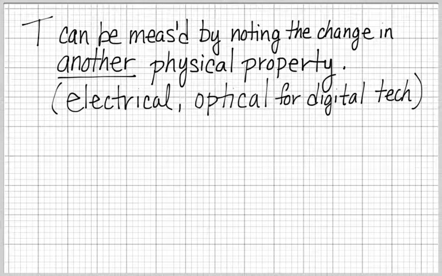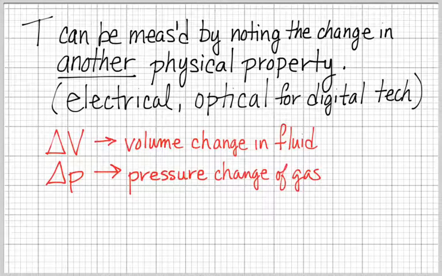So we're measuring changes in electrical properties in materials, optical properties if I were using an infrared camera, and I'm calibrating those changes in electrical, optical, volume-based properties into a scale that can be set at an absolute scaling, such as the Kelvin scale, to ultimately tell us what temperature something is.